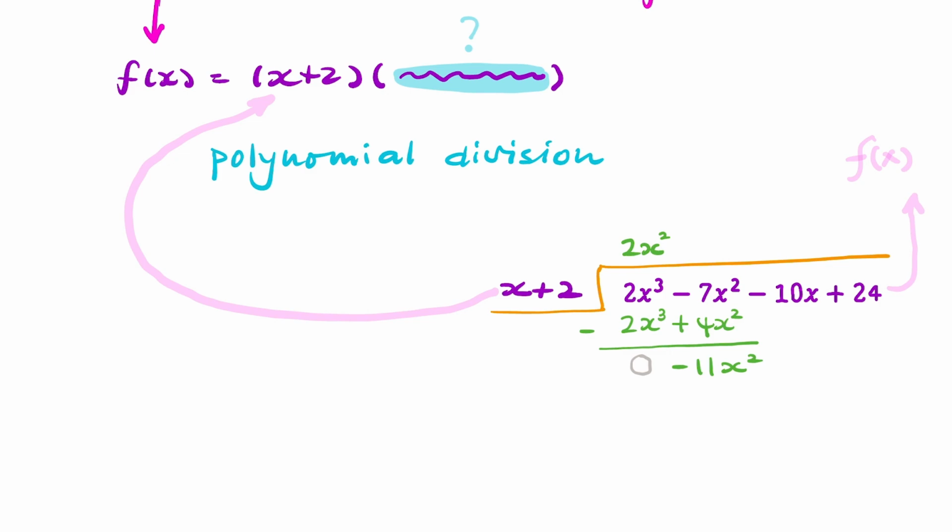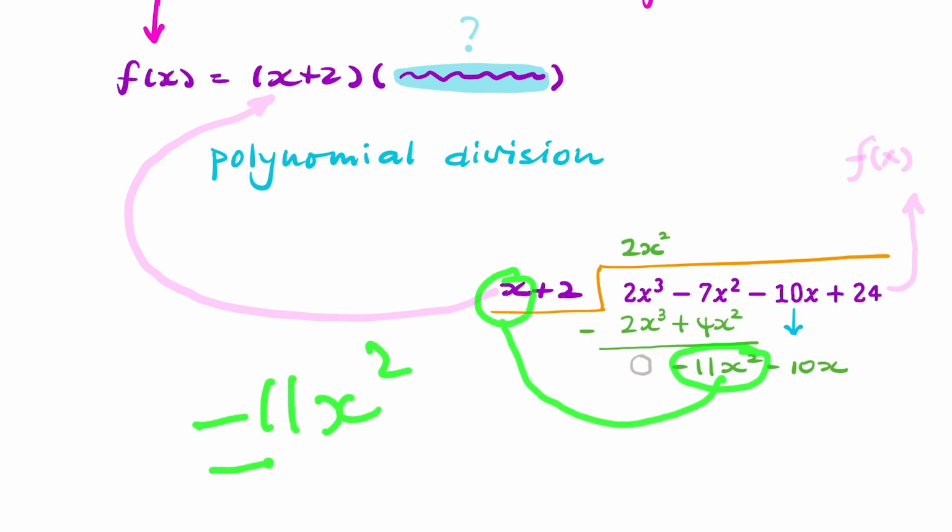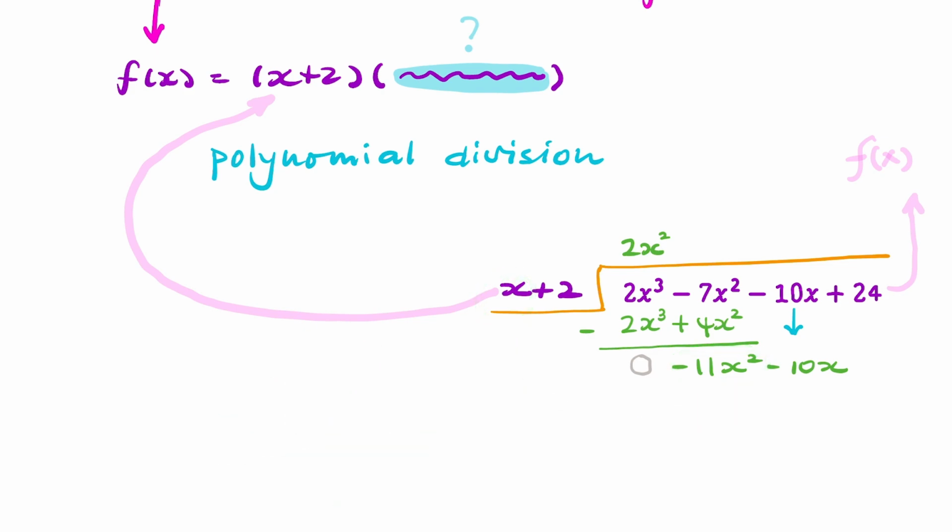Now the next step is a division. But before we divide, we have one term here and two terms here. So we need to bring down the next term. So you bring down the negative 10x, and then you carry on. So you divide this term by this term. So negative 11x squared divided by x is negative 11x.